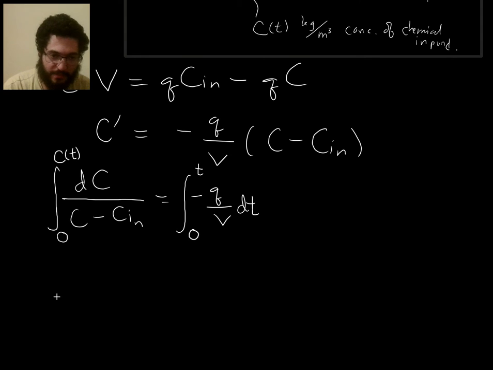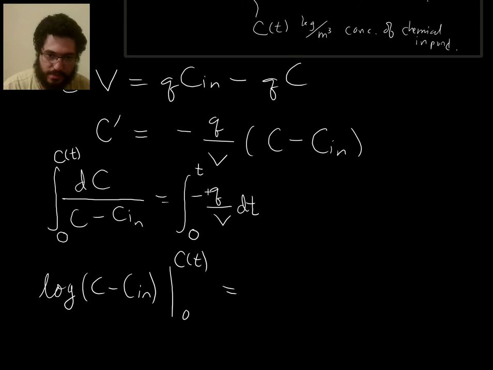So now on the left side, I've got log of C minus Cn, evaluated from 0 to C of t. And on the right side, this is just a constant, so that times t, evaluated from 0 to t.